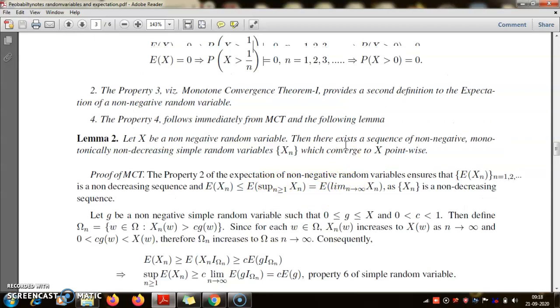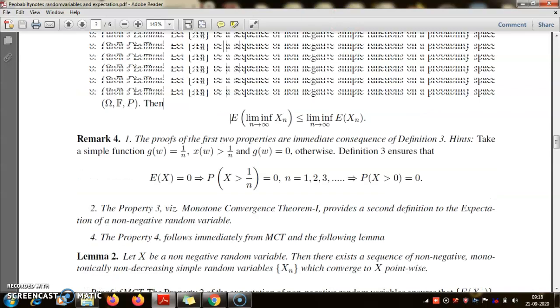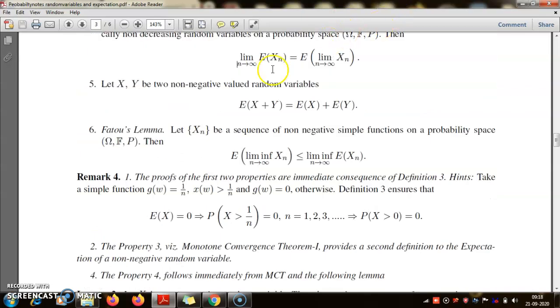So one part is proved immediately. What you have proven is that the limit of these expectations is less than or equal to expectation of the limit.